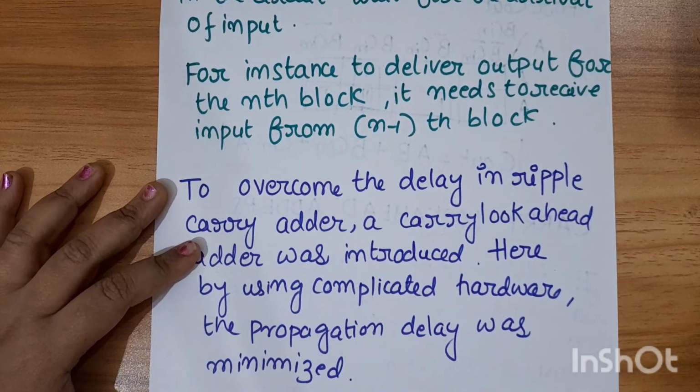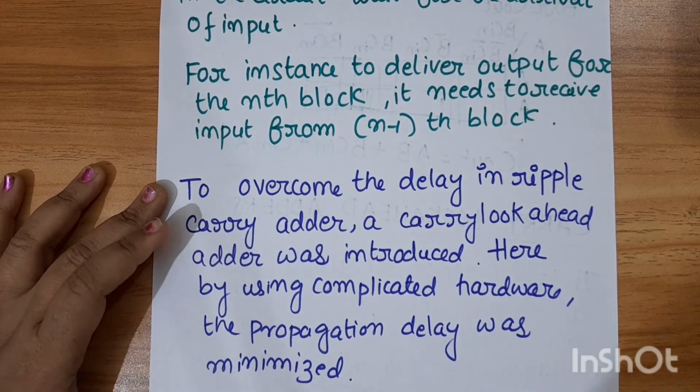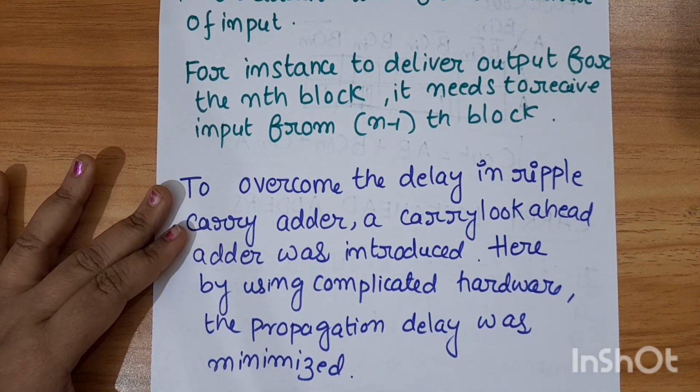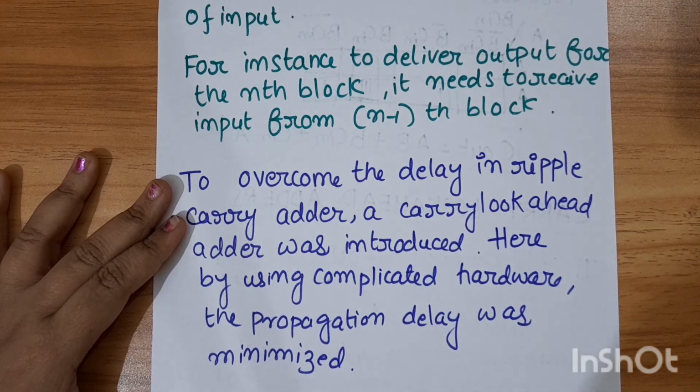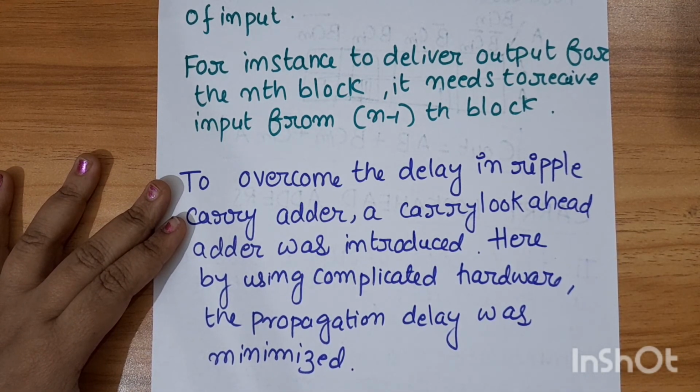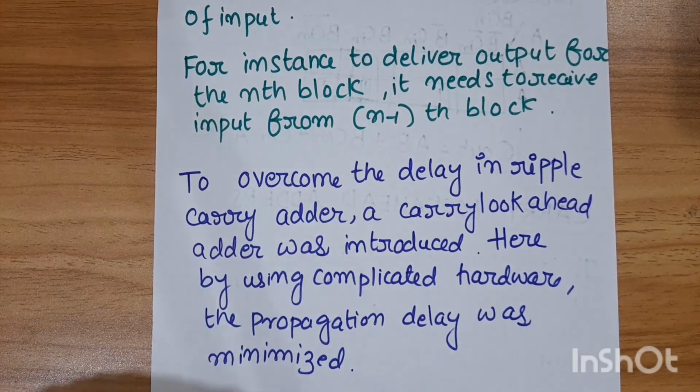To overcome the delay in the ripple carry adder, a carry look ahead adder was introduced. By using complicated hardware, the propagation delay was minimized. So the gist of the whole paragraph is that the carry look ahead adder came into existence in order to remove the limitation of the ripple carry adder.